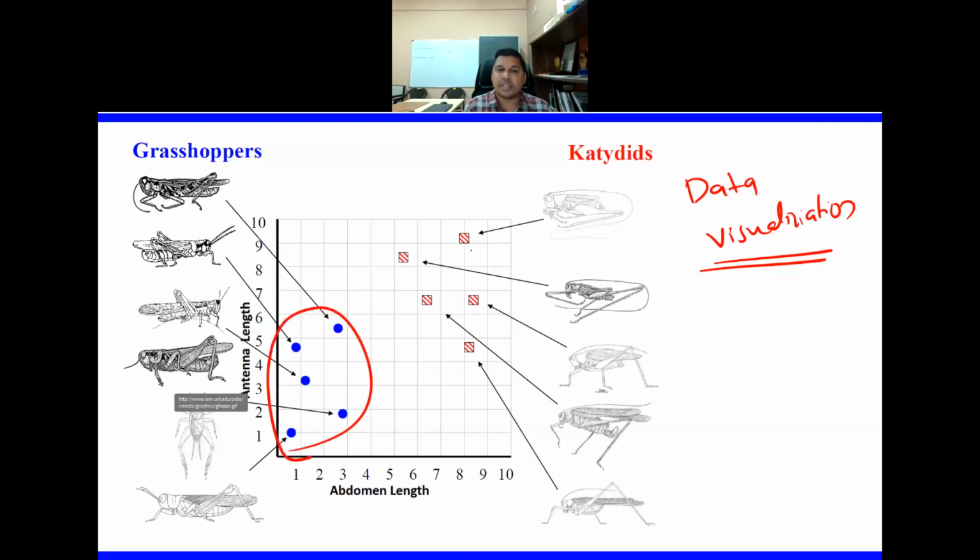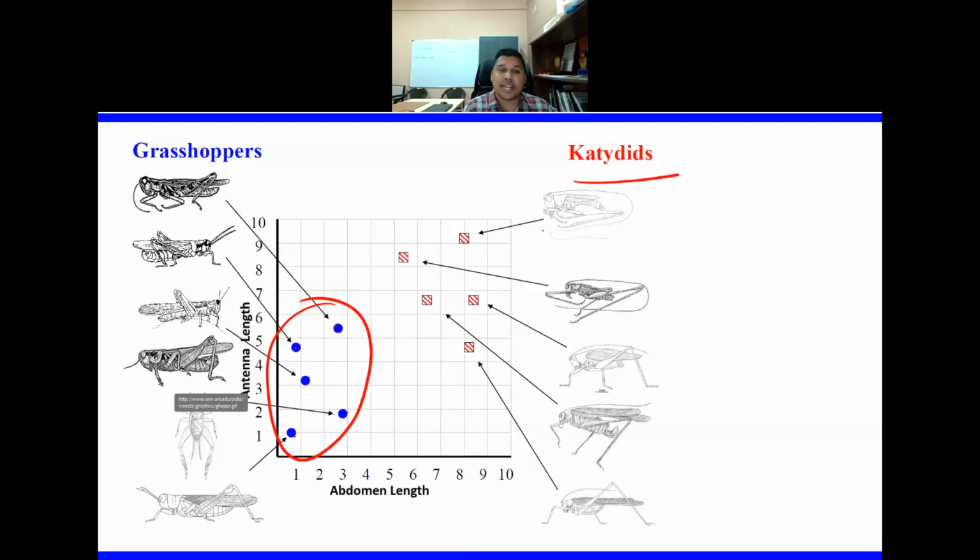We have just plotted for classification. For grasshoppers, the abdomen and antenna lengths are smaller values, whereas for katydids, the abdomen length and the antenna length are high.